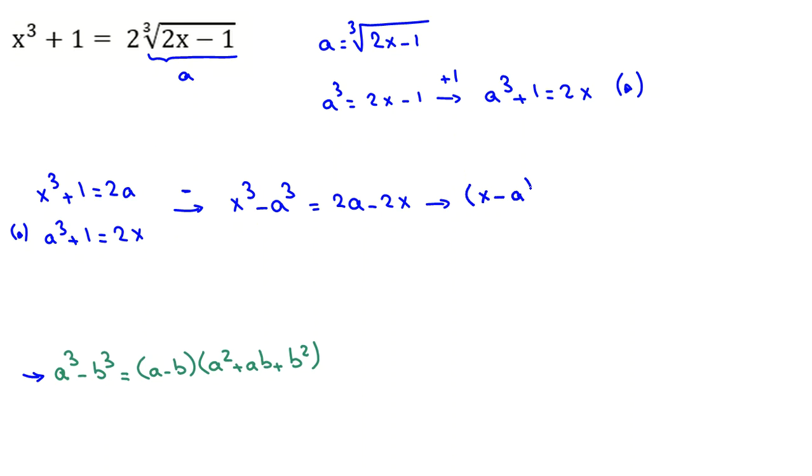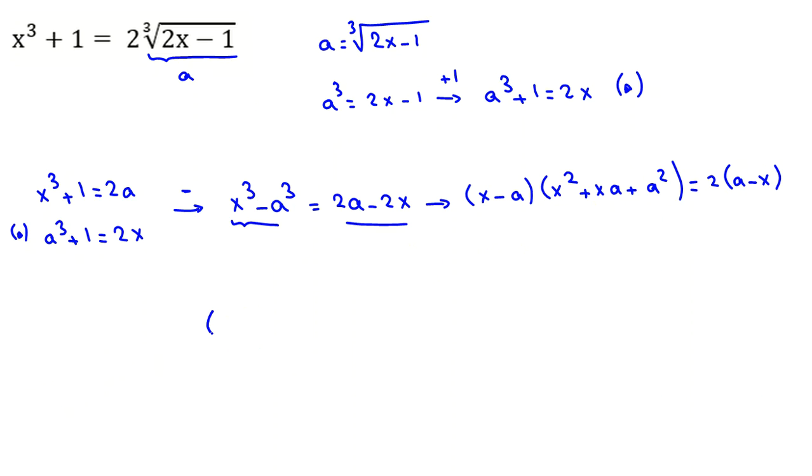Here, for factorizing this, we use this famous identity a cubed minus b cubed. The left-hand side is x minus a times x squared plus xa plus a squared, equal to, factoring out 2, 2 times a minus x. If I take everything to one side, it will be x minus a times x squared plus xa plus a squared minus 2(a minus x) equal to 0.